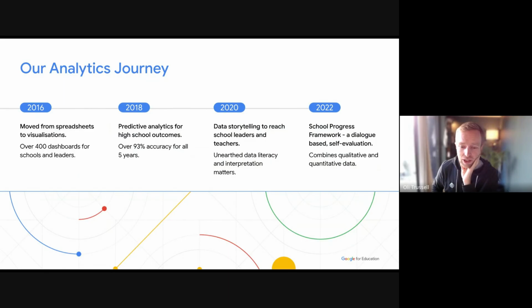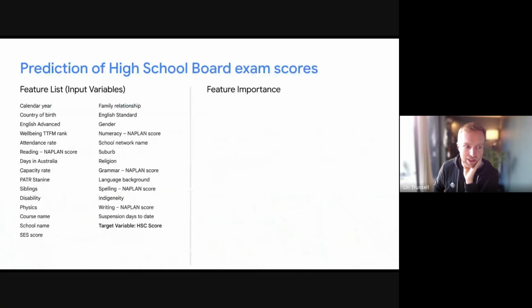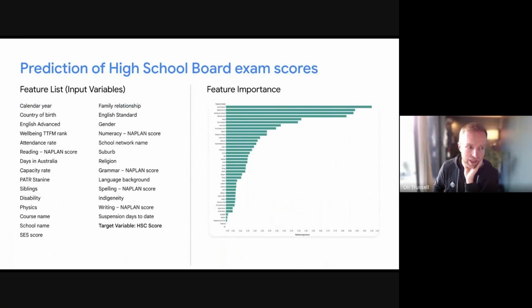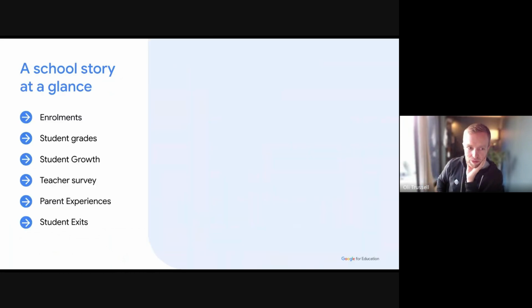They made a really good use case of predictive analytics for high school outcomes, and they got to about 93% accuracy over 5 years, working with one of our external consultants called Dr. Raju. But there's a really good case study we can share with you from here as well, where they use a feature list, the input variables, they establish what the importance was to go through from grade prediction, and then would actually build an algorithm to go through and make predictions as well.